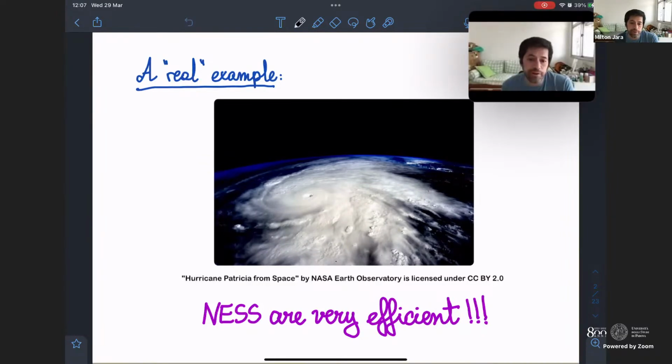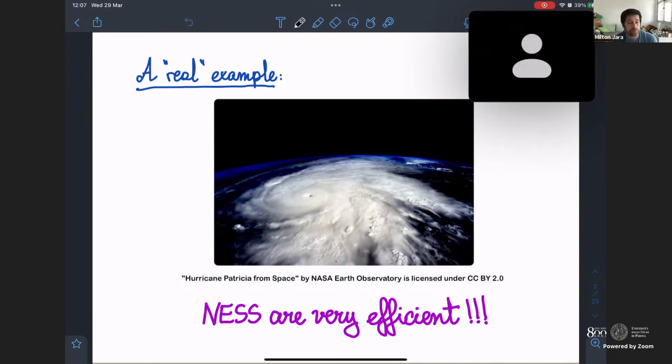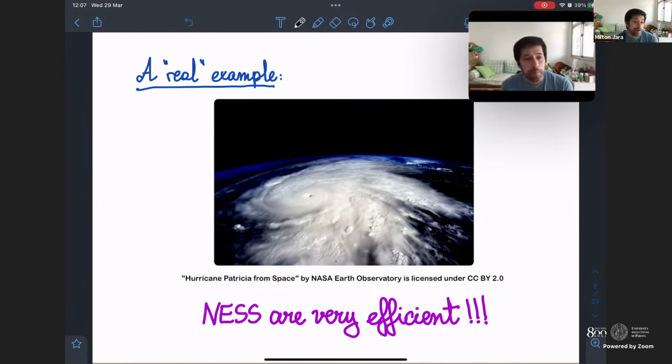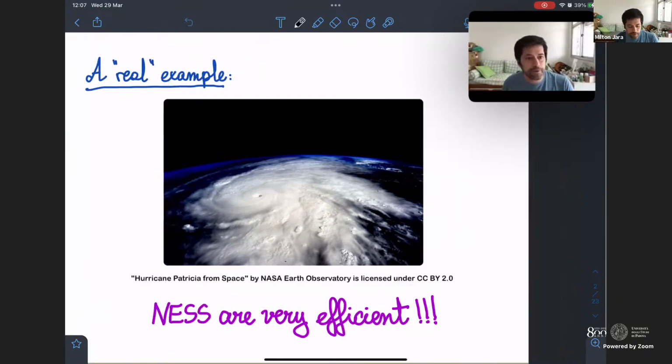Of course, it's not what we think about at first sight of what stationary means, because there is a difference in physics between what people call equilibrium and what people call stationary state. A stationary state doesn't change with time, but an equilibrium state is a state on which there are no currents, and of course in a hurricane there are lots of currents. So this is an example of what a non-equilibrium stationary state is, and there are many others.